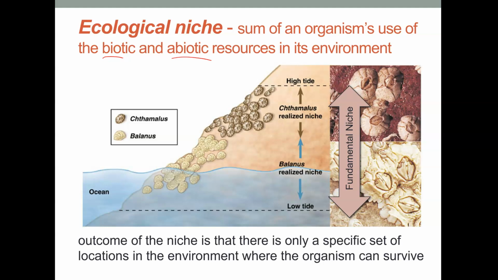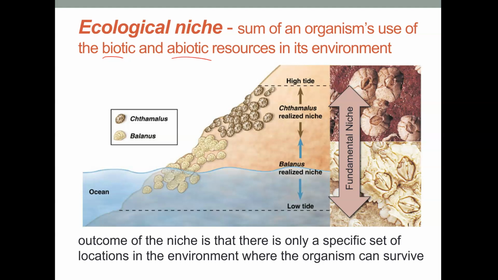Another one would be, what kind of gas does it need? Remember that animals like barnacles and like us need oxygen and give out carbon dioxide. On the other hand, plants or photosynthetic organisms, maybe there's some algae attached to this rock as well, need carbon dioxide and give off oxygen as a waste product.